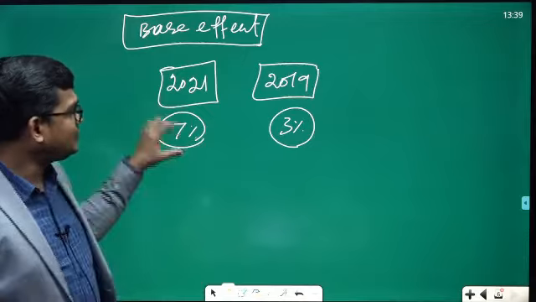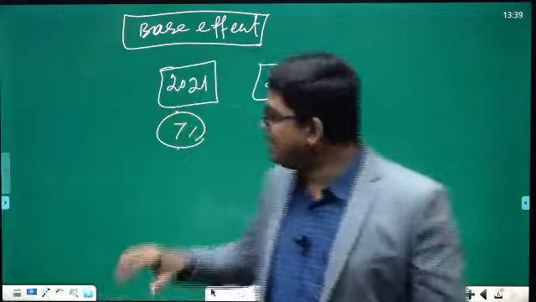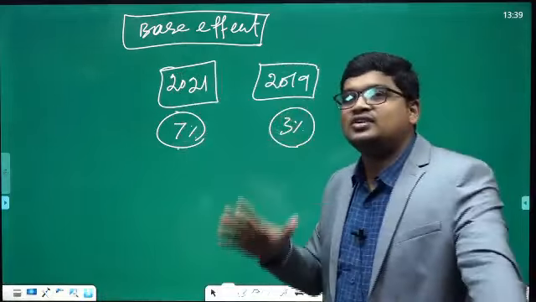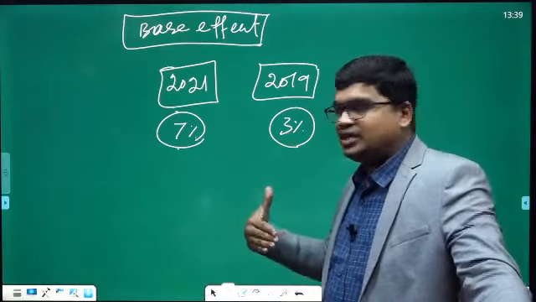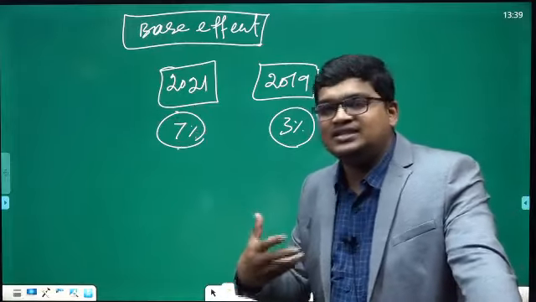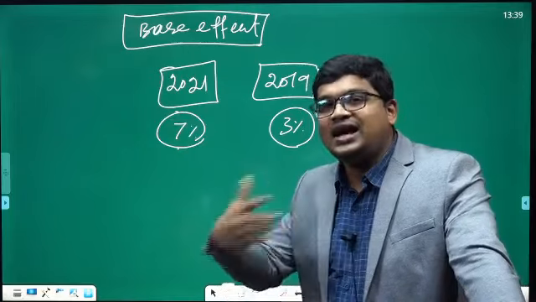You can reframe this statement: this inflation is high due to the base effect, because the base is at a lower side. That's why the 7% price level shows a higher increase.